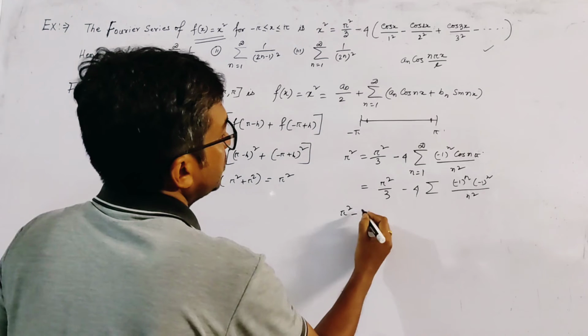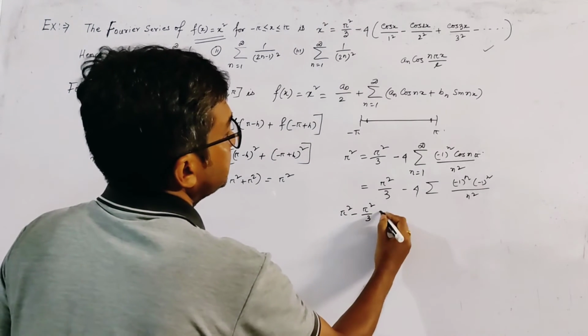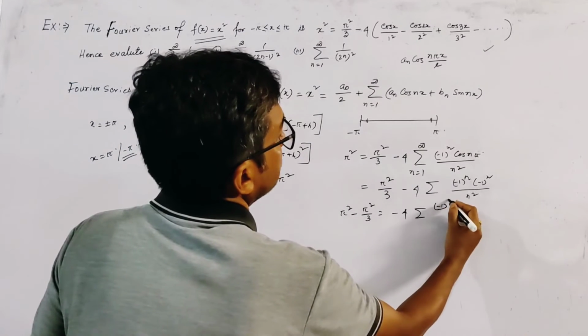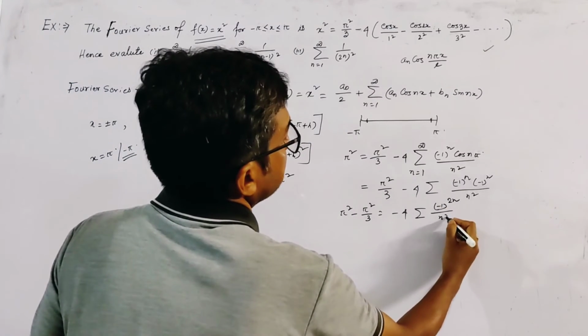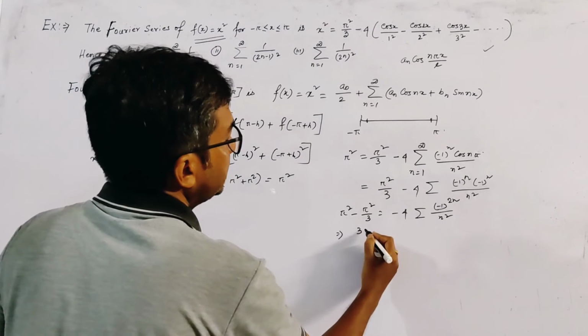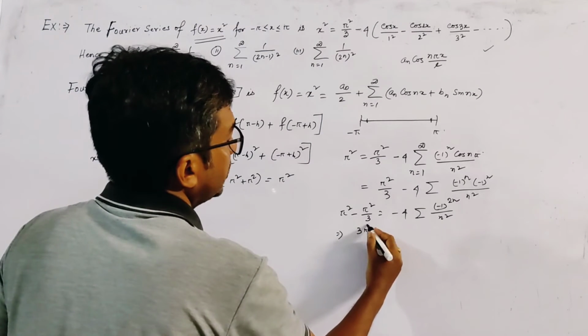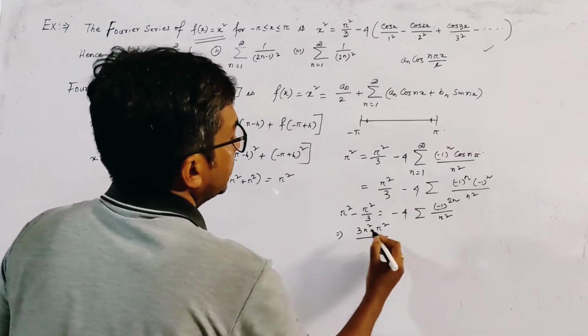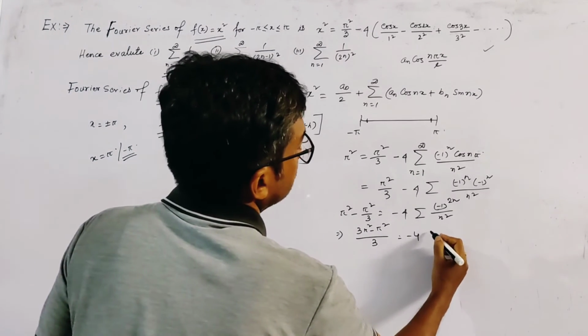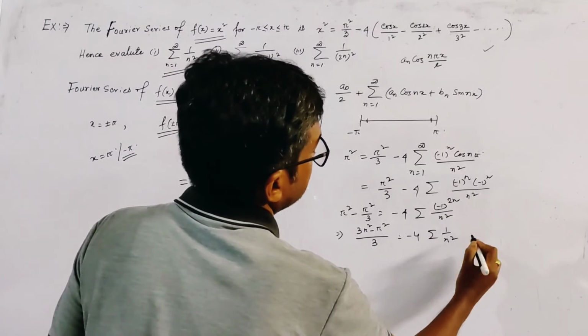So pi square minus pi square by 3 equals minus 4 into summation minus 1 to the power 2n by n square, which is 1 by n square.